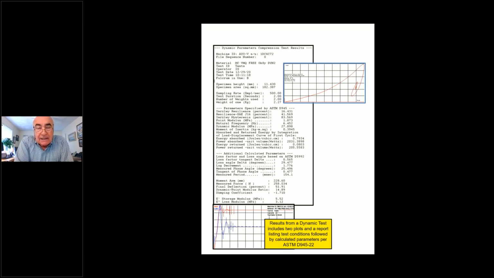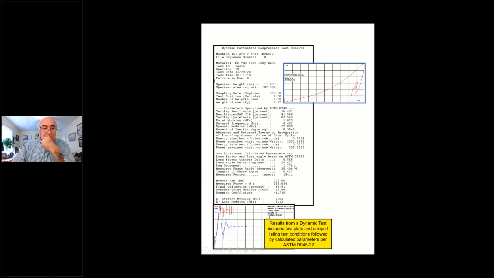And then it has to calculate the natural frequency throughout that scan. In our case, our natural frequency comes out in 3 to 5 seconds, and that's what we are looking at. So with this D5992 test method, we do calculate the loss factor tangent delta and the angle delta.